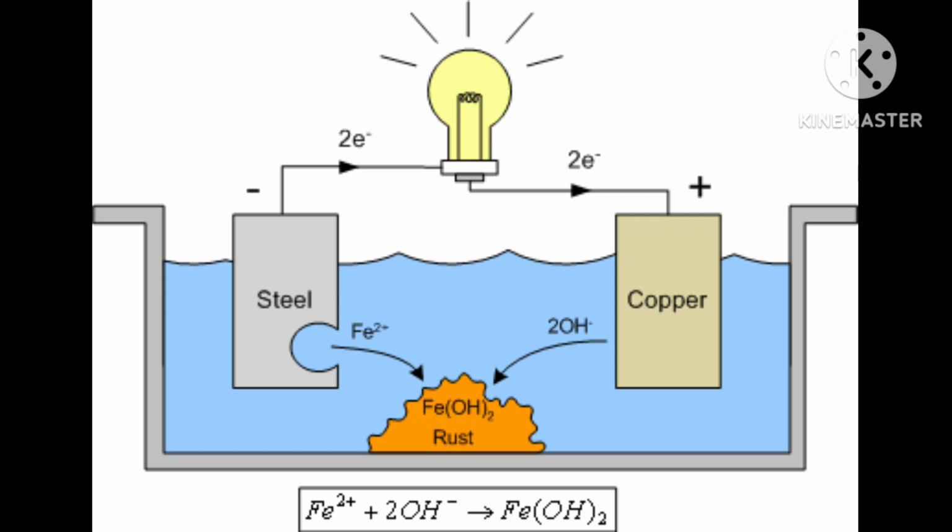So this H plus is also obtained through carbonic acid, H2CO3, and direct H2O can also ionize and give H plus and OH minus.